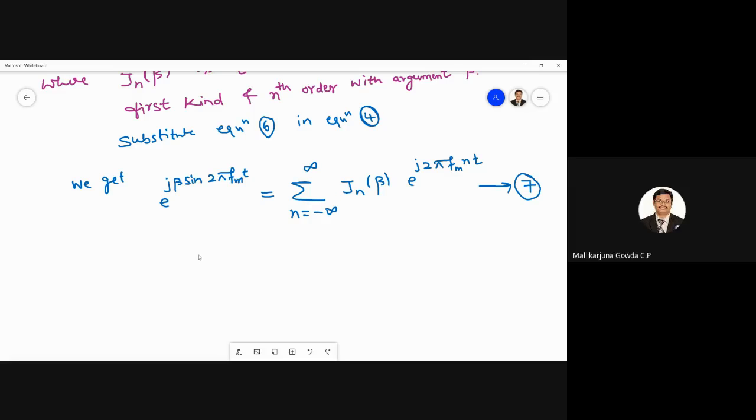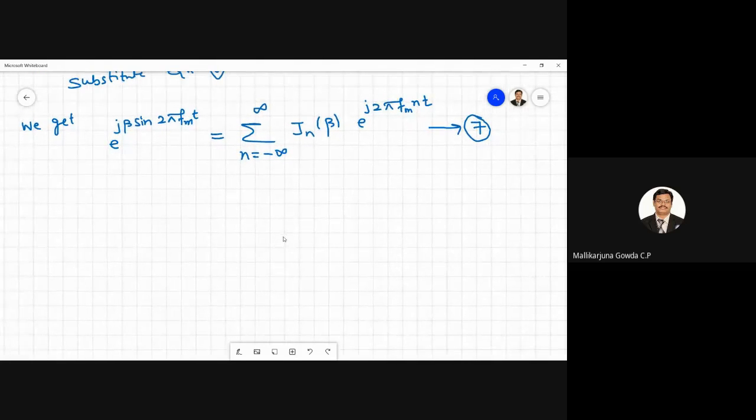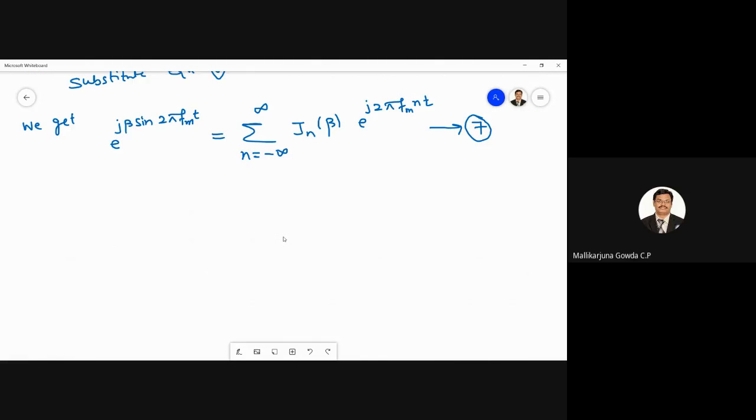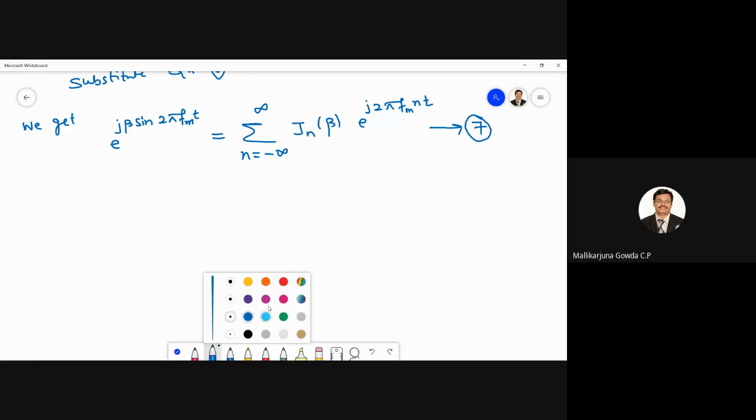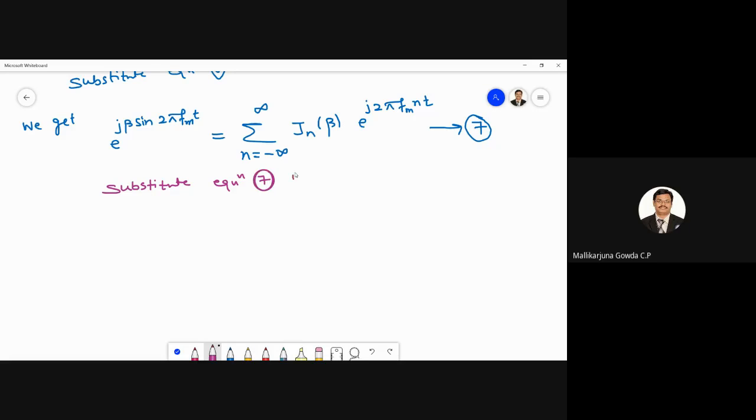Yes, in equation 1. So substitute equation 7 in equation 1.